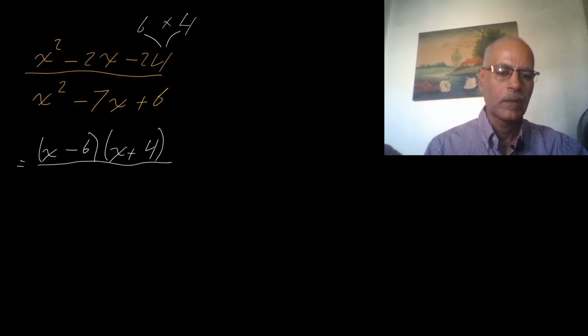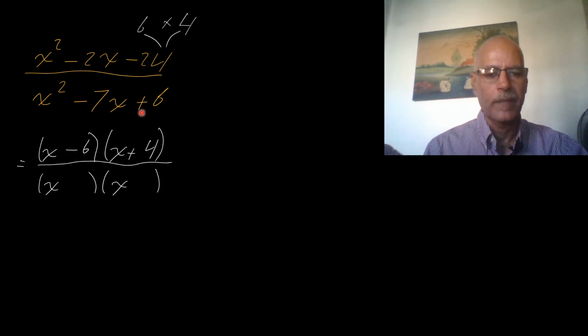And down, let's open two brackets. X squared minus 7x plus 6, it's x and x. The last one is positive. It makes the two brackets alike in signs and like the middle one. If the middle is negative, both will be negative. It's 6 times 1.